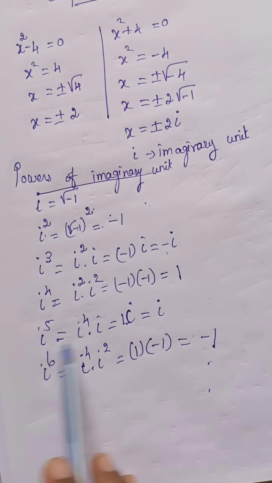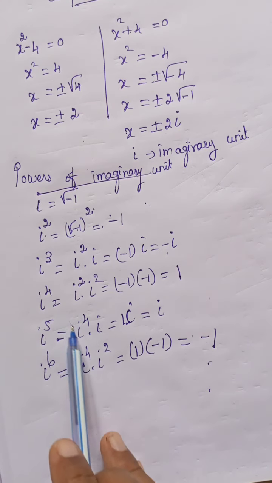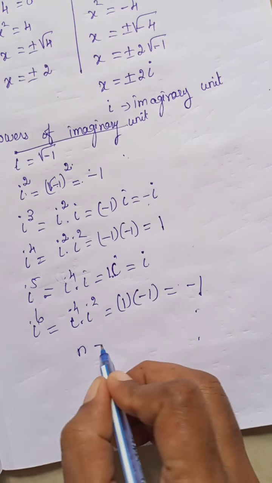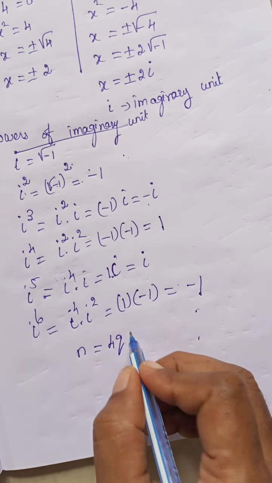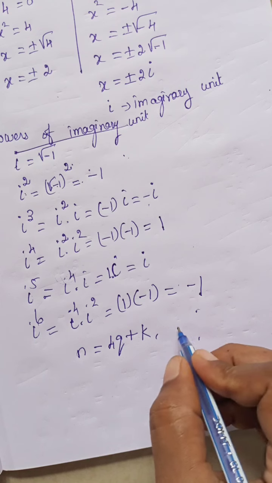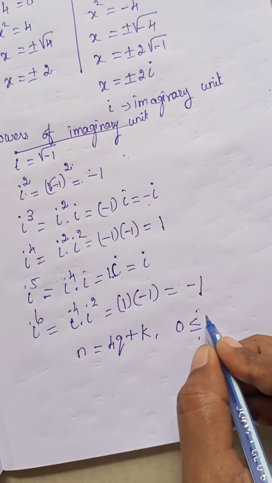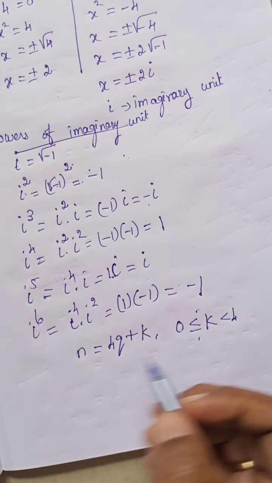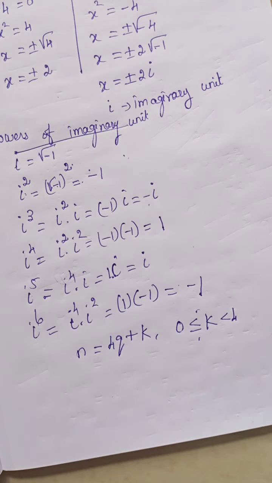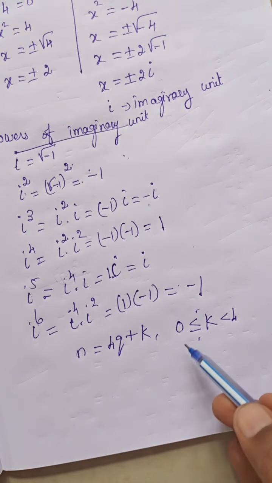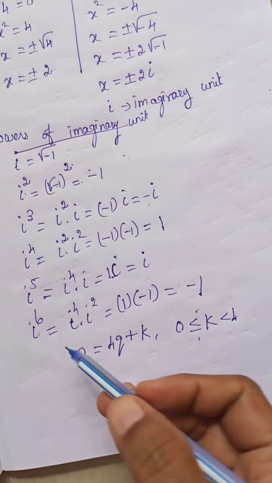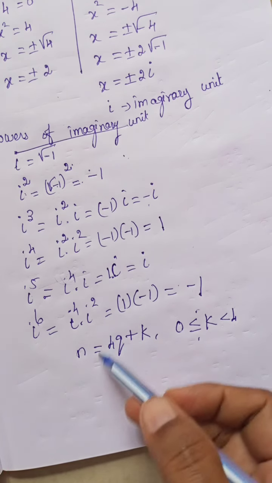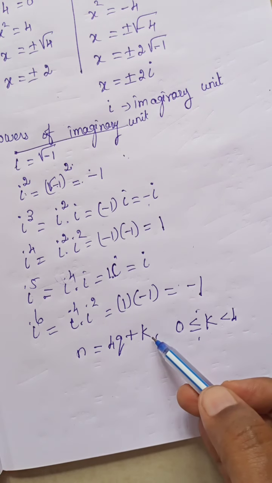The rest is the remainder. If the power is n, that is 4 into the quotient plus k, the remainder k takes place, 0 less than or equal to k less than 4. Because i power 4 means we will get the value 1. So only the remainder matters. When they give a bigger number, we can just write the multiple of 4 plus the remainder.